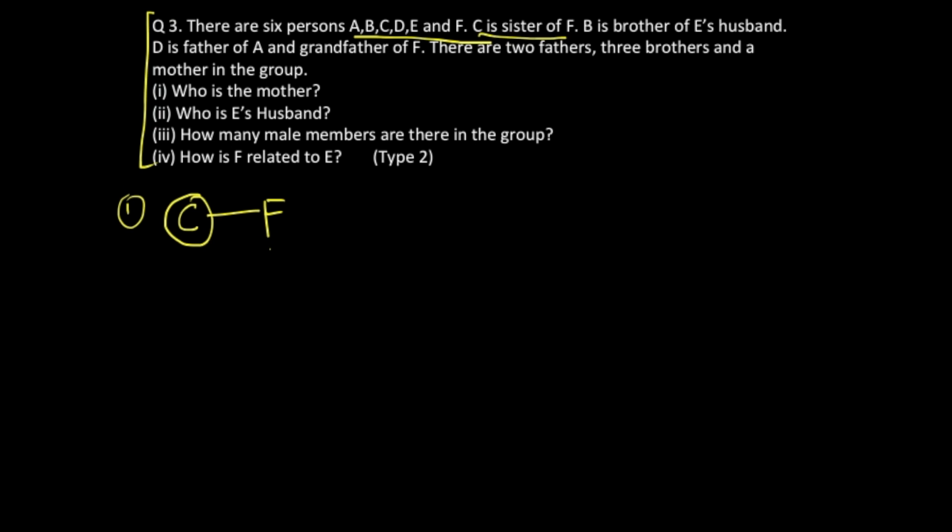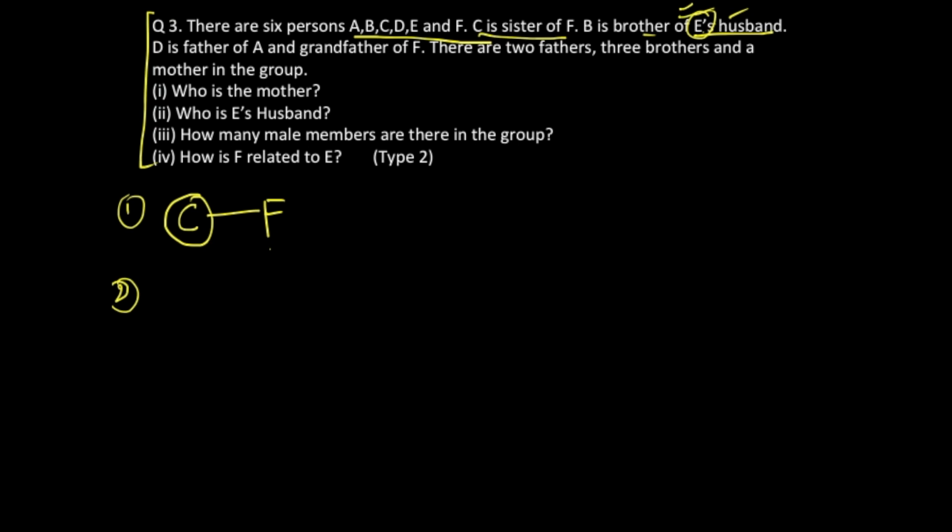In the second statement, it says that B is brother of E's husband. So in the second step, what you're writing is brother of E's husband. E's husband implies that E is a female, right? Because she has a husband, right? And someone's wife is going to be E, right?